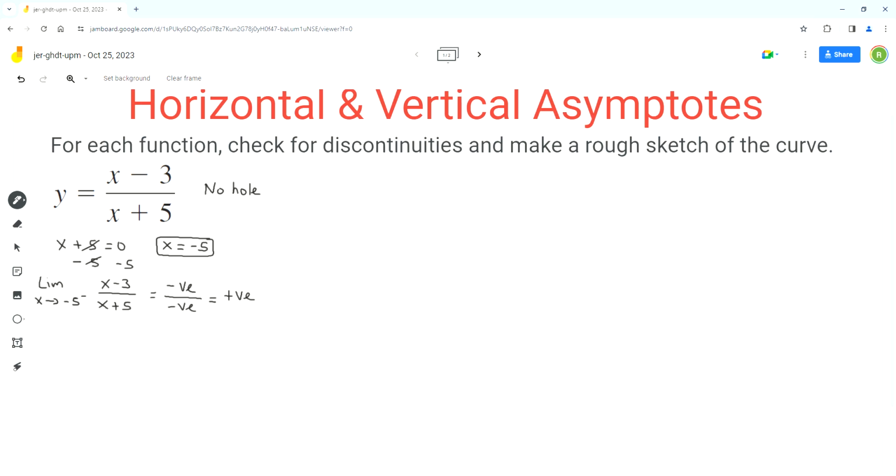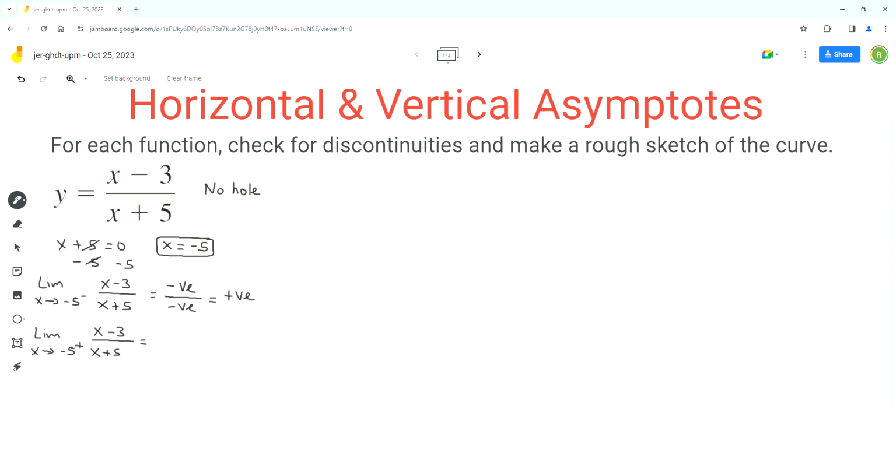Now we can evaluate the limit on the right side of this vertical asymptote. So x approaches negative 5 from the right side of x minus 3 over x plus 5. On the right side of negative 5, we can use the test value negative 4.9.